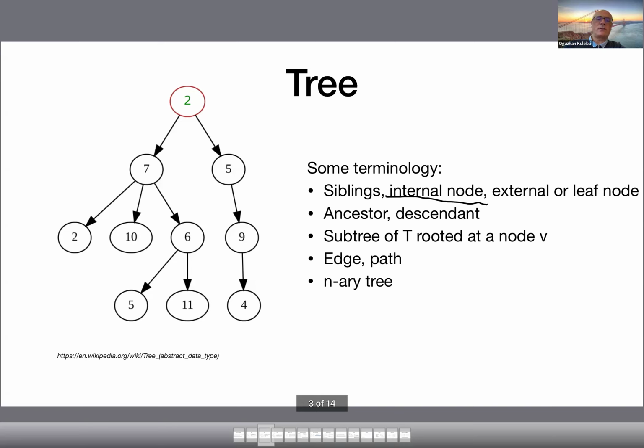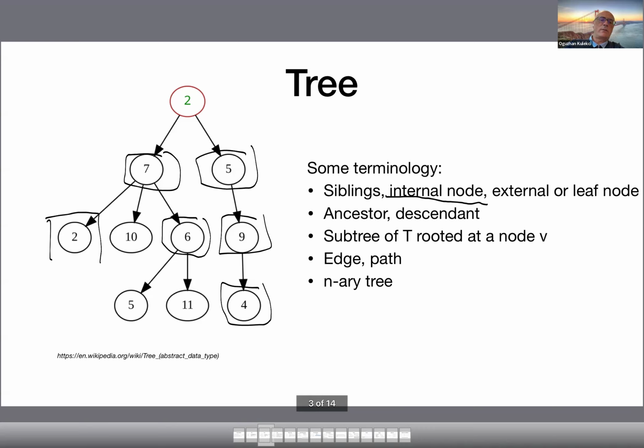For instance, 7 is an internal node. It has 3 children. 5 is an internal node. It has one child. 9 is an internal node. It has one child. 6 is an internal node. It has 2 children. However, these nodes, 2, 10, 5, 11, 4, do not have any children. So that makes them external nodes or the leaf nodes.